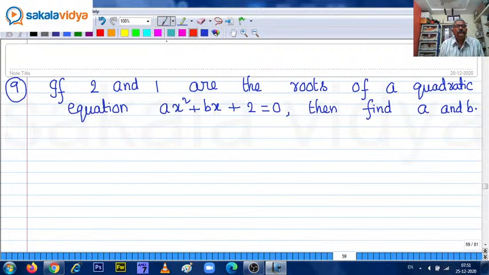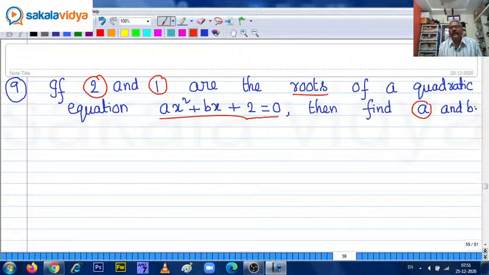See, if 2 and 1 are the roots of a quadratic equation ax square plus bx plus 2 is equal to 0, then find a and find b. Since 2 is a root of this quadratic equation, 2 must satisfy. Since 1 is the root of this quadratic equation, 1 must satisfy.